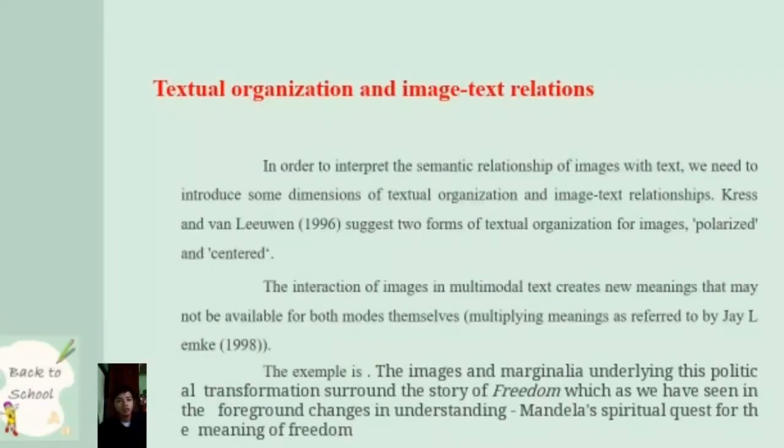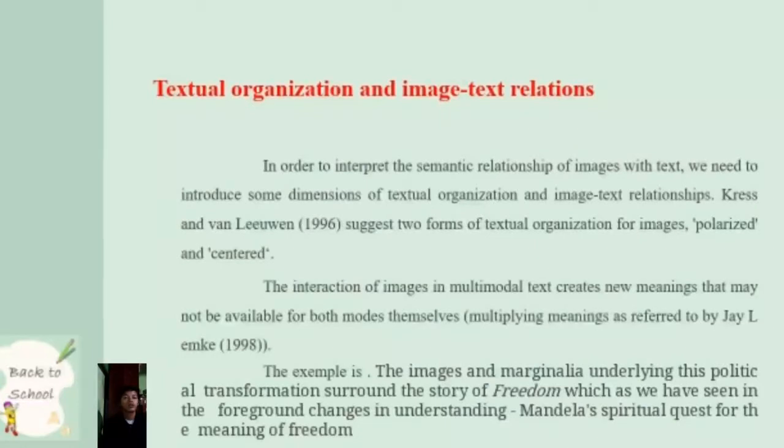We go to the next one, textual organization and image-text relations. In order to interpret the semantic relationship of image with text, we need to introduce some dimensions of textual organization and image-text relationship.